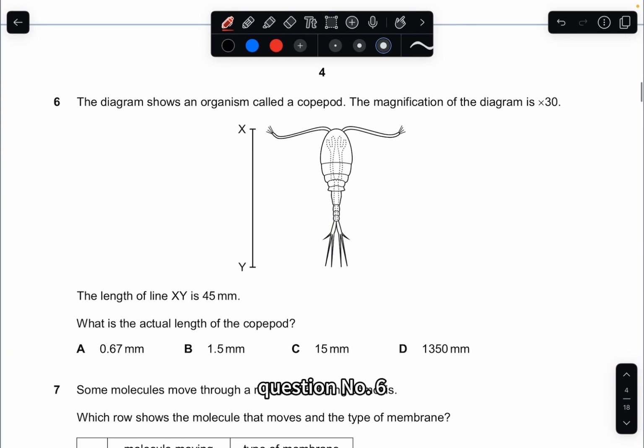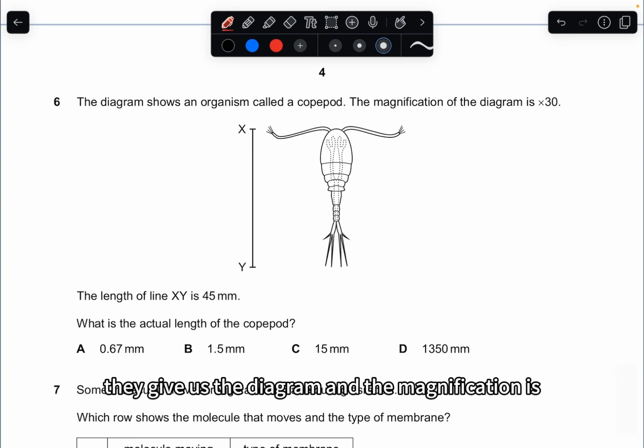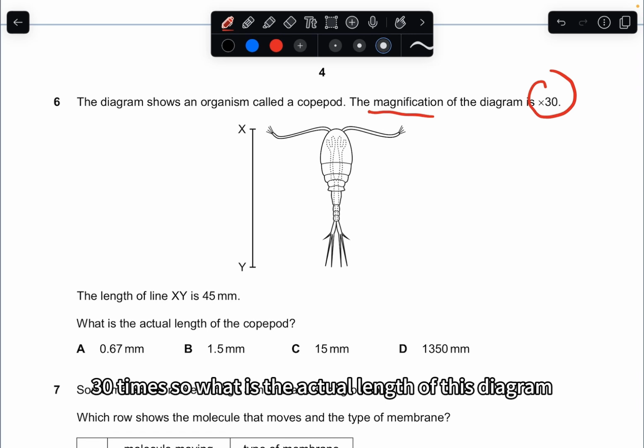Question number 6. They give us the diagram and the magnification is 30 times. So what is the actual length of this diagram?